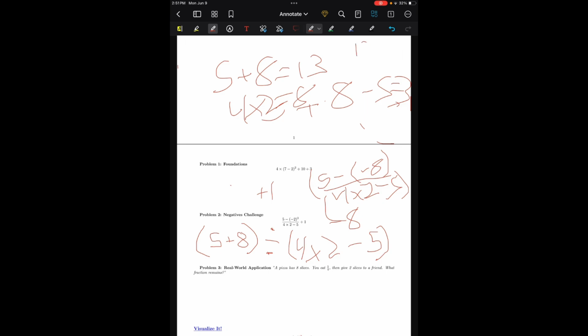So we have 13 over 3 plus 1, but we should simplify that further. Since 1 is equal to 3 divided by 3, 13 over 3 plus 3 over 3 equals 16 over 3, and that's our final answer.